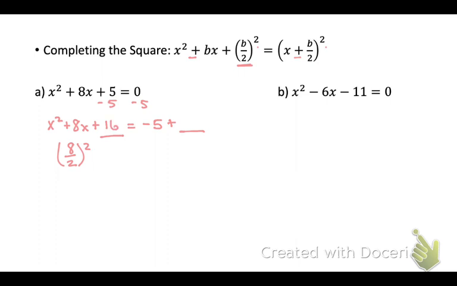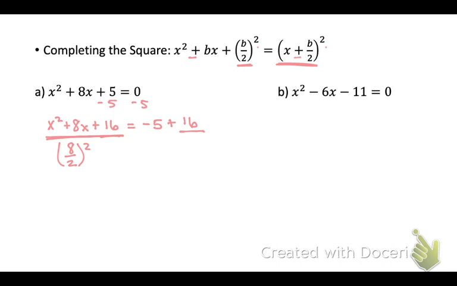So 16 on the left and 16 on the right. Okay, so now we are going to factor this, and it will always be that, like I said. Because what are the factors of 16 that add to 8? 4 and 4.